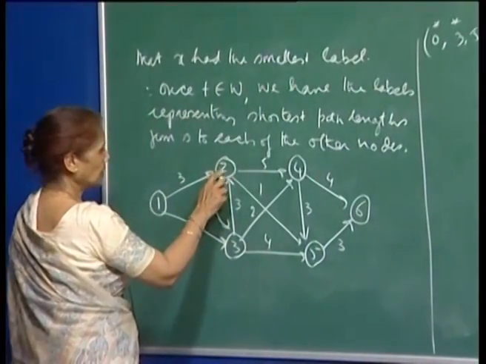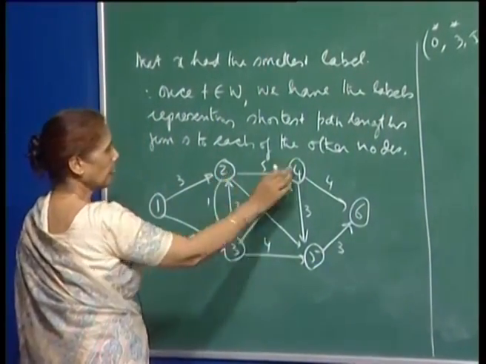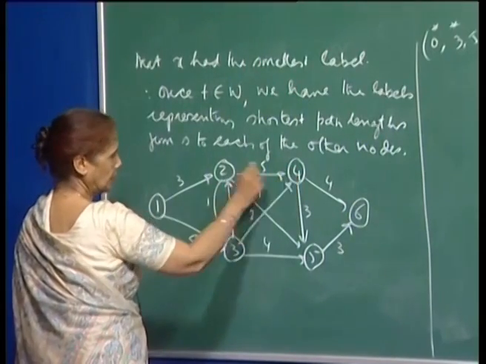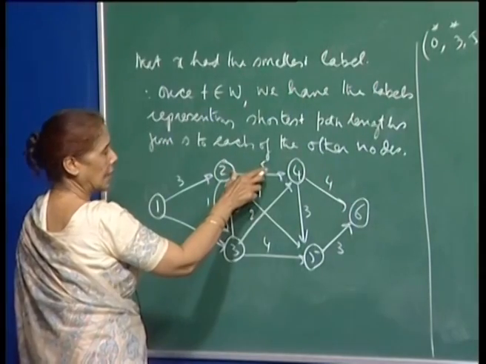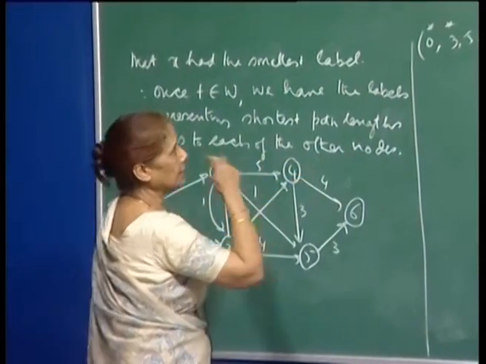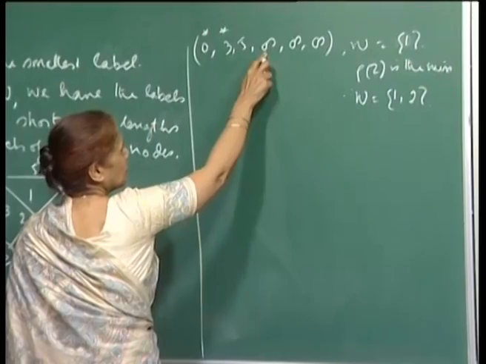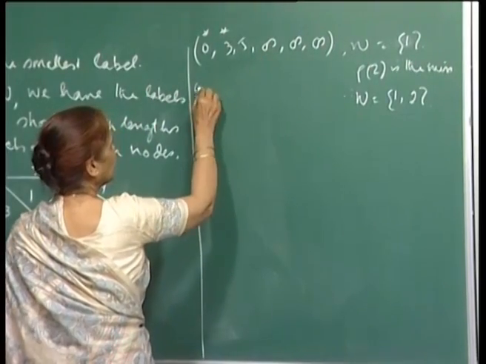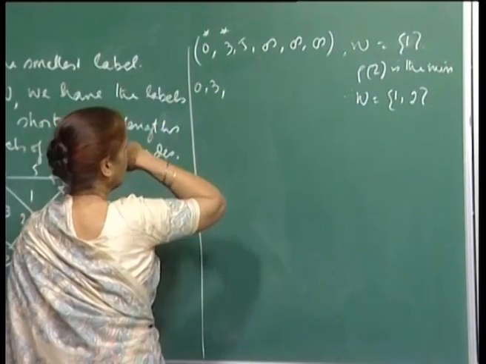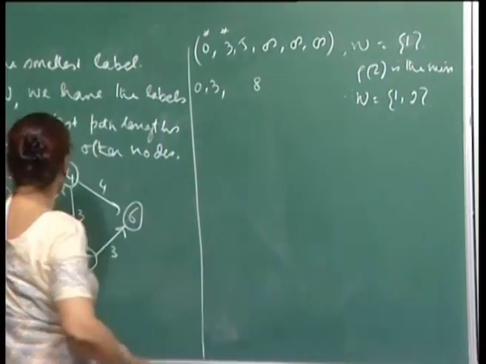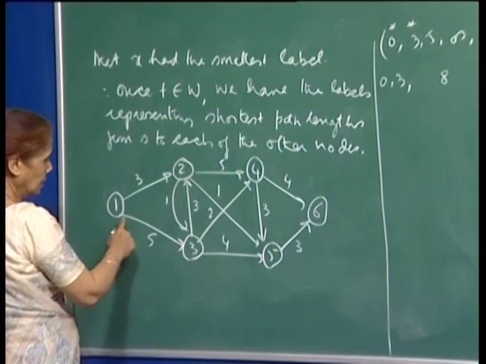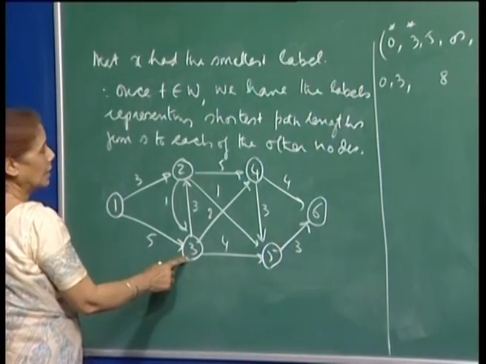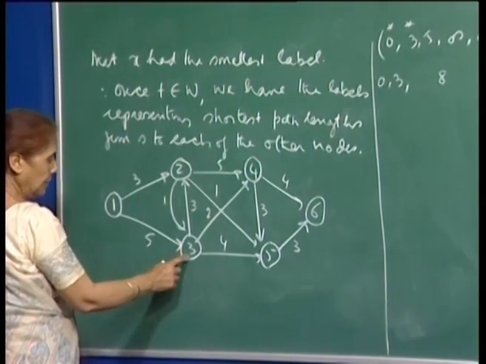Say, for example, for this one, node 4 is connected to 2, and the label here would become 8, and the old label was infinity. So here I can write down 0, 3, and this one would become 8. Then for node 3, the earlier label was 5.